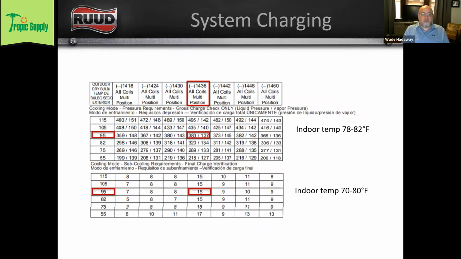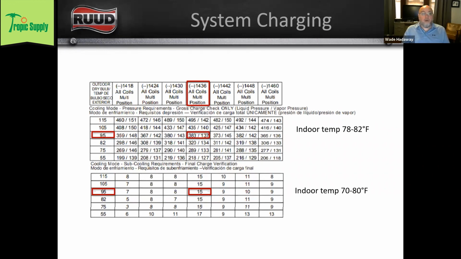But these charts are built by the engineers, and they're designed to get you exactly where you need to be so that the system is operating at the capacity and the efficiency that it's rated at.